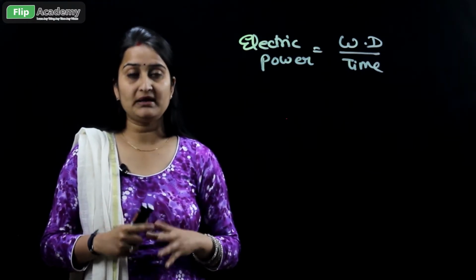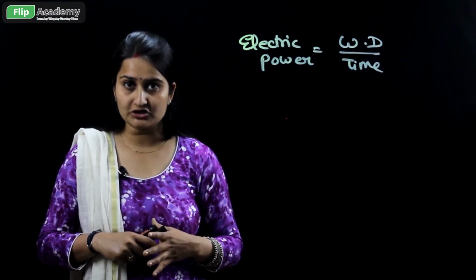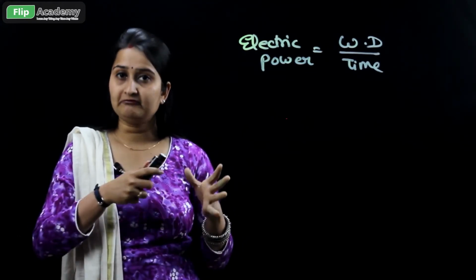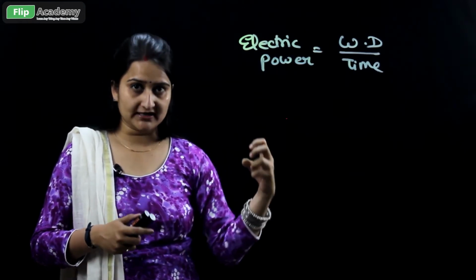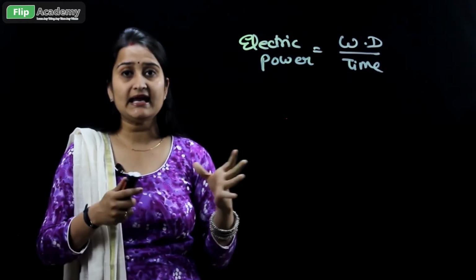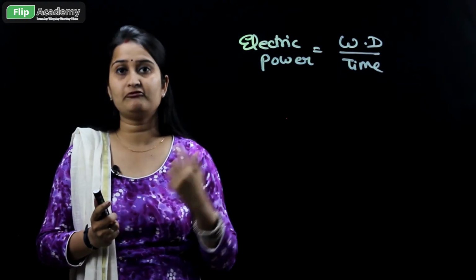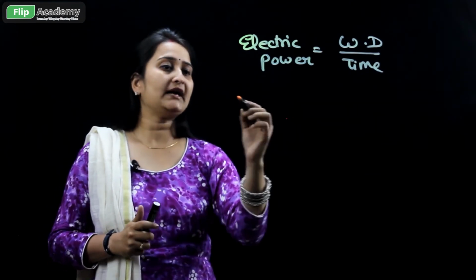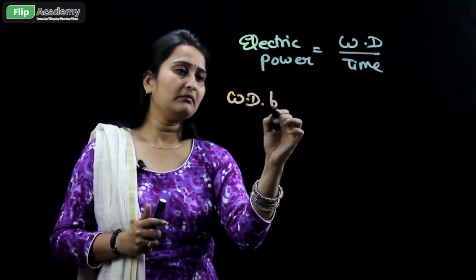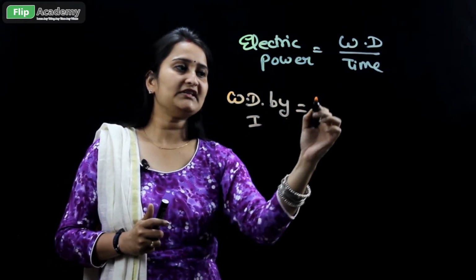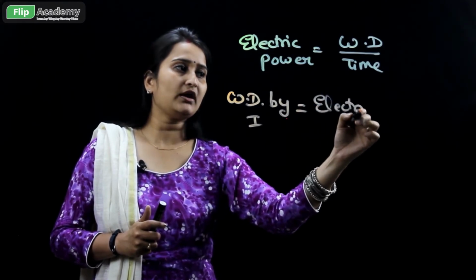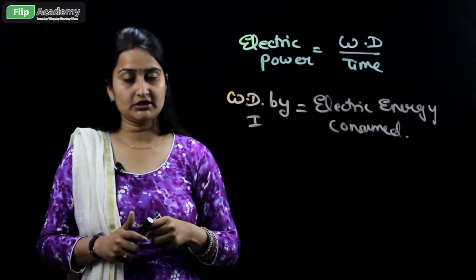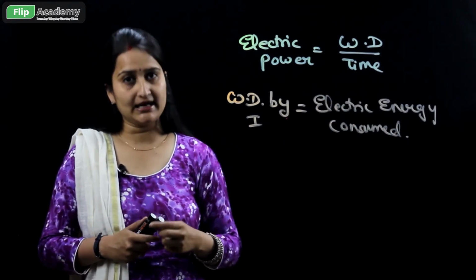Because it is consuming some amount of electrical energy from the electric circuit. So, the work done by the current is equal to the electric energy consumed. Instead of work done, you can write the electric energy.